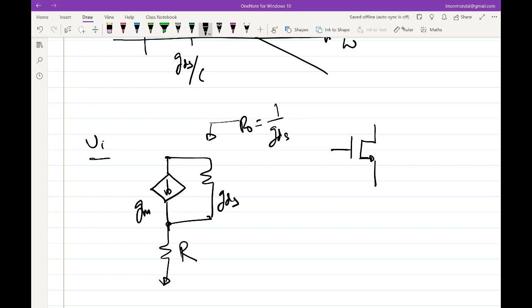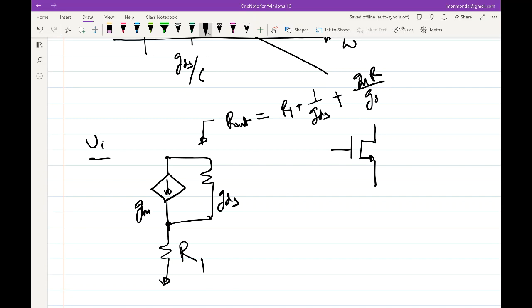If I add another resistance to the source, let's say this is R1, so what will be R out if I add this? Yeah, so it will be R1 plus 1 by GDS plus GM R1 by GDS. Okay.